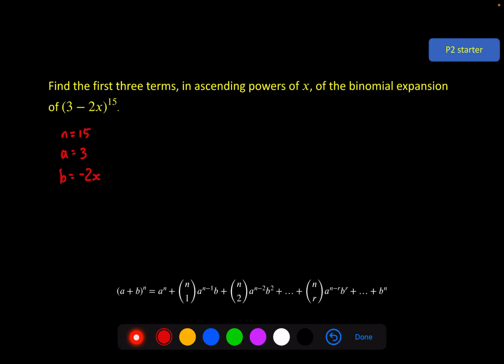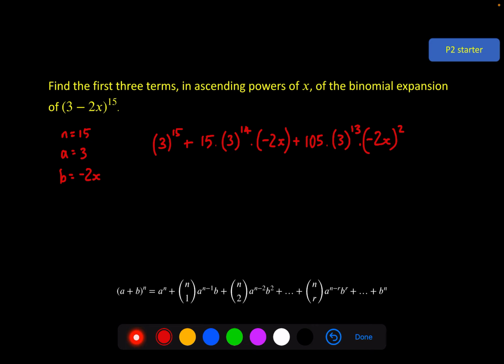I won't always write this out, but just to make it clear what I'm putting into the formula. So our three terms: a to the power of n, which is 15, plus 15 choose 1, which is 15, times a to the power of n minus 1, which is 14, times b to the power of 1, plus 15 choose 2, I don't know that off by heart, so onto the calculator, is 105, times a down a power again, n minus 2 is 13, times b squared.